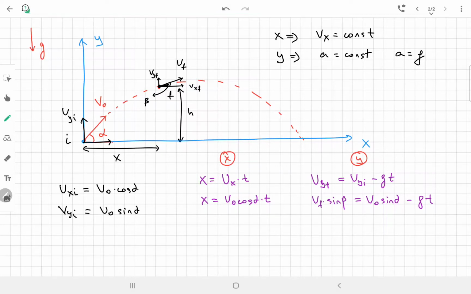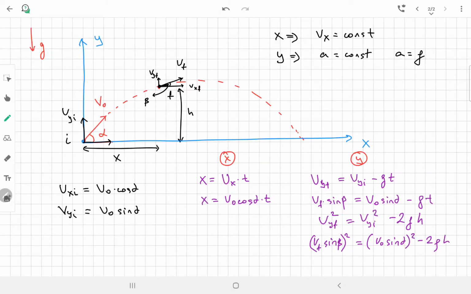Now let's come to the second equation. V final squared equals v initial squared minus 2 times acceleration times height, where the vertical component of v final is v final times sine beta, squared, and the same for the initial velocity in the vertical direction, minus 2gh.